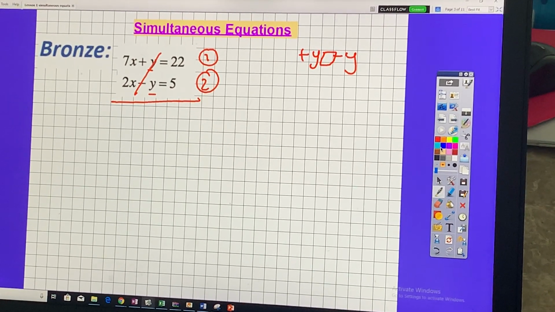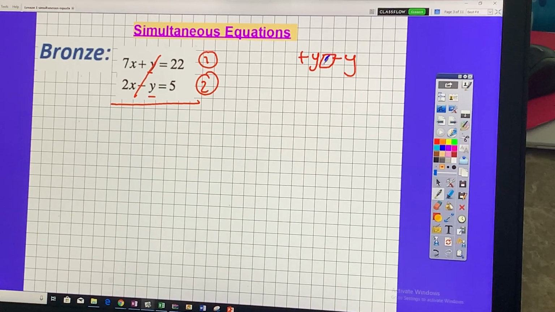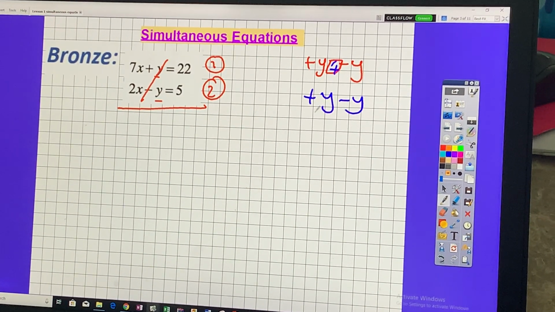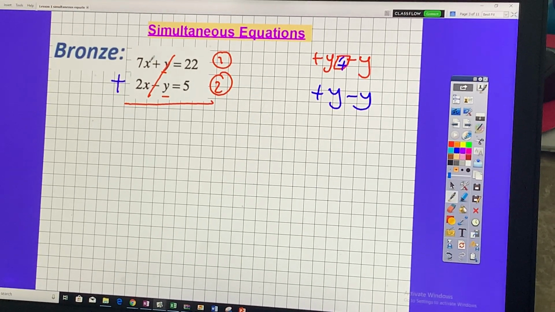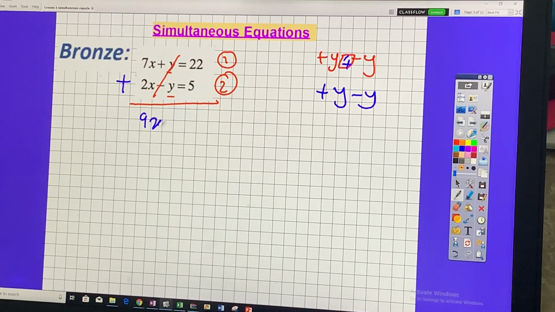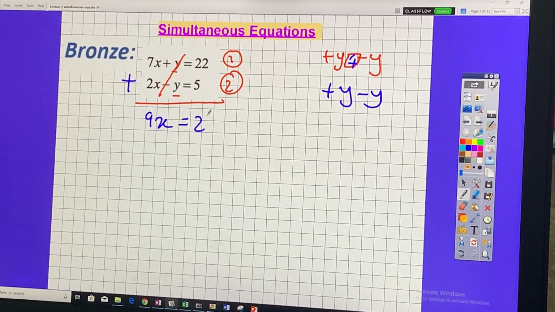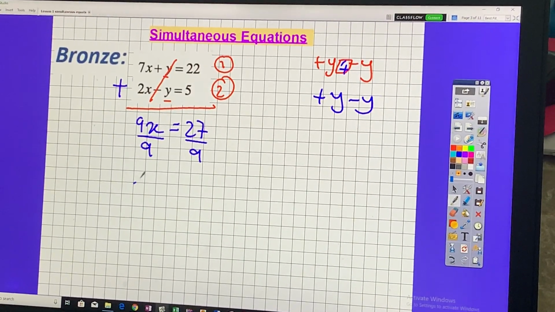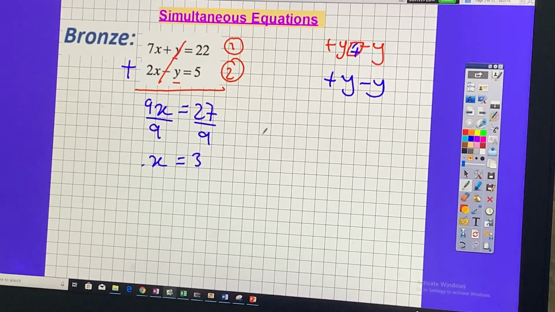Well, if I add, a plus and a minus gives me minus, which gives me 0. So I'm adding the two equations together. 7 plus 2 is 9x. 22 plus 5 is 27. You divide by 9 on both sides, x equals 3. You have the x value.